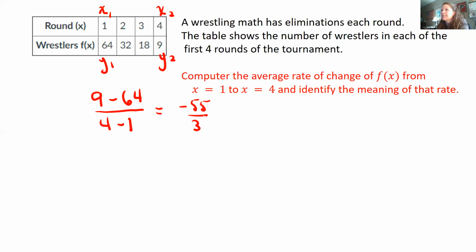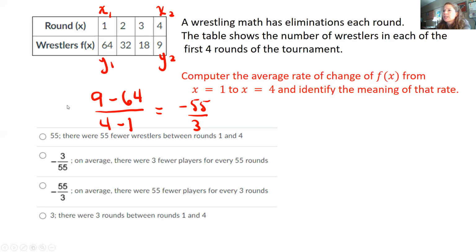So it says, identify the meaning of that rate. Oh, this is a multiple choice question. So it's asking, what is the average rate of change? Is it 55? Nope, we already figured that one out. Is it 3 over 55? Well, if we put our x's on top, it would have been, but that's not correct. And then it says negative 55 over 3. Well, that's what we figured out it was.